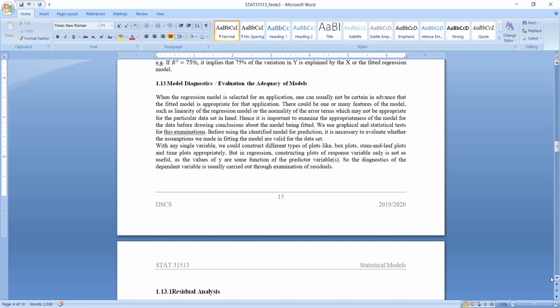And then again, now what we can do, to check whether our model is a good model, or to check the accuracy of the model, is this. At the very beginning, when we were fitting these regression models, we had some assumptions. If you can remember, we said that our response variable is linearly related with our independent variable.